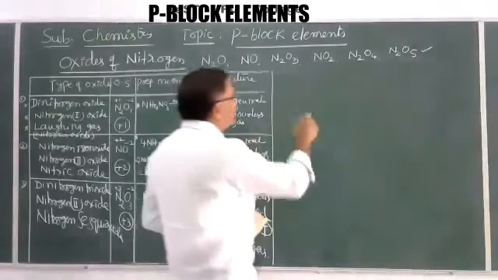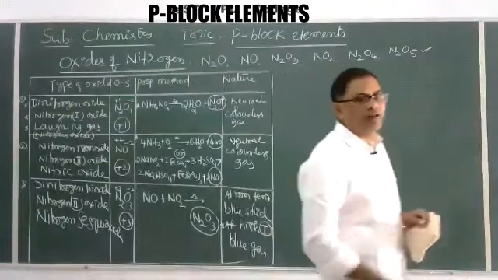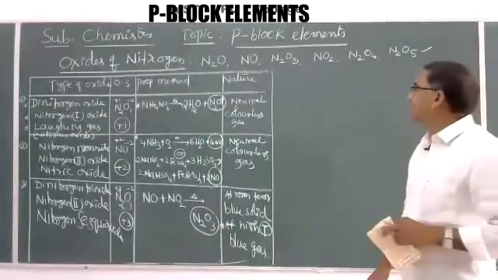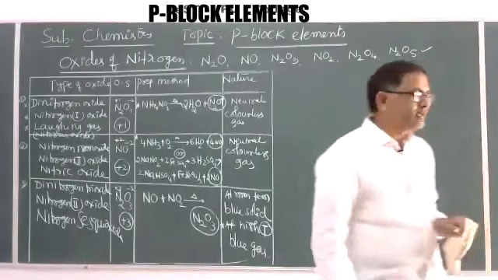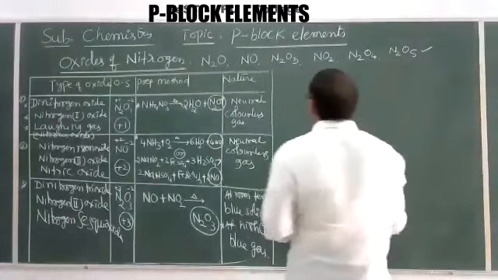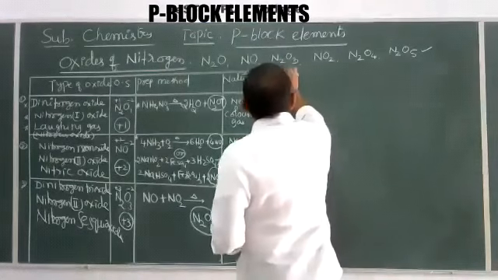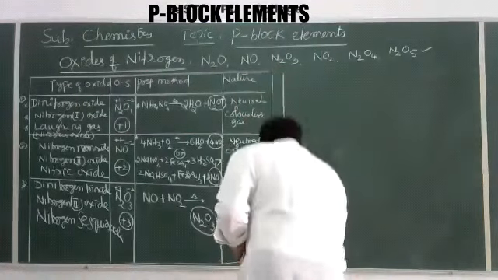Next, I will create the same table for the remaining 3 oxides. That is nitrogen dioxide, nitrogen tetroxide and nitrogen pentoxide. I'll make one more table, better you note it down.